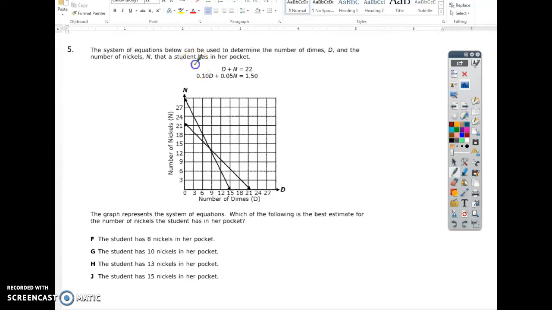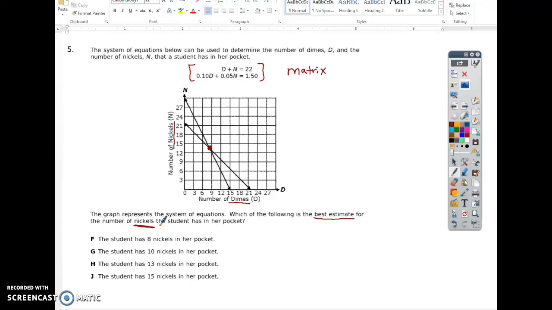We're going to put this in matrix. You can also eyeball what the number of dimes is and what the number of nickels is in this solution. Okay, and see which of the following is the best estimate for the number of nickels.